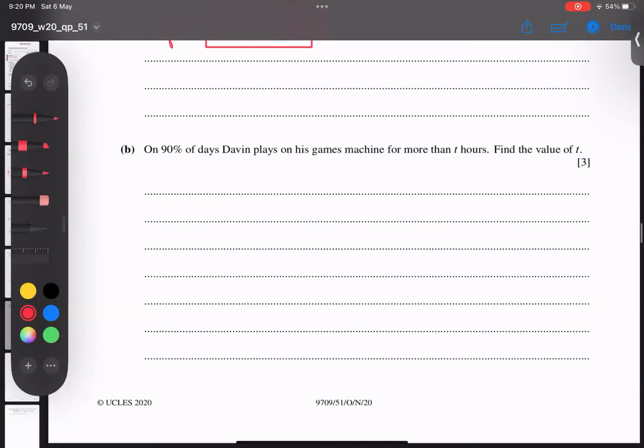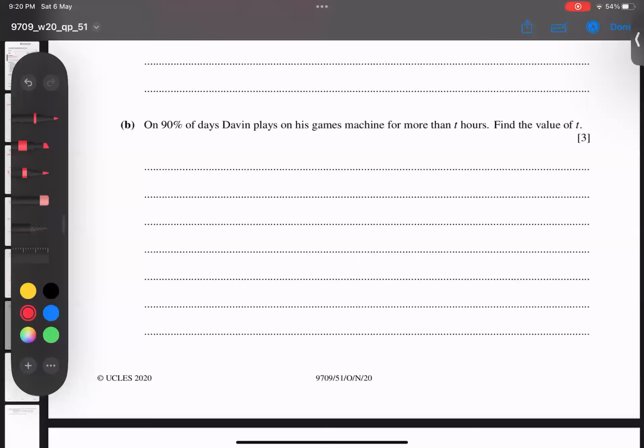He's saying on 90% of the days, Devin plays on his games machine for more than 3 hours. Okay, so more than 3 hours. So students, time is a small t used, no problem. Capital T more than a particular time, t hours, equals 90%. And students, what to do again?